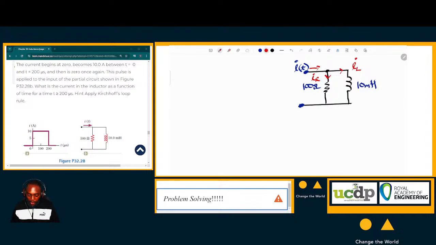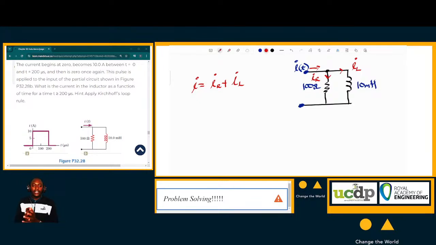You agree? Which means if you are to form an equation, your current I is equal to the I through the resistor plus the I through the inductor. You have to form an equation, right?